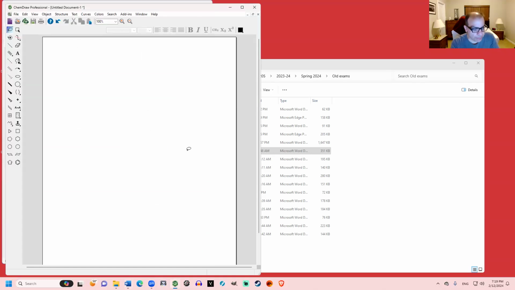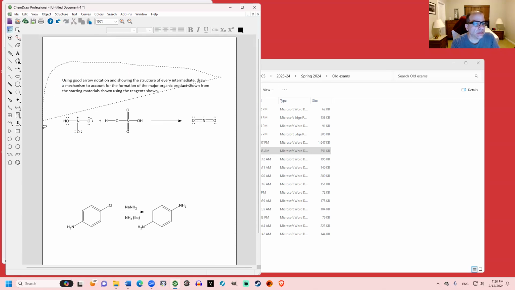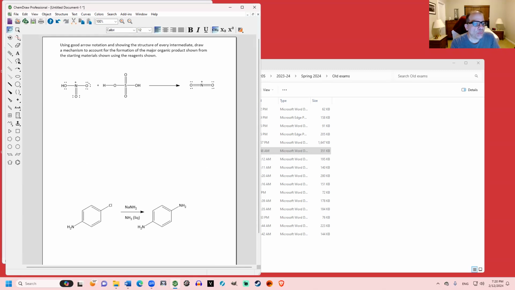And now we get into the mechanisms. The first one is the reaction of nitric acid with sulfuric acid to give the nitronium ion.